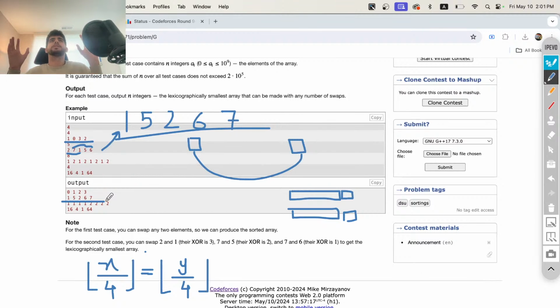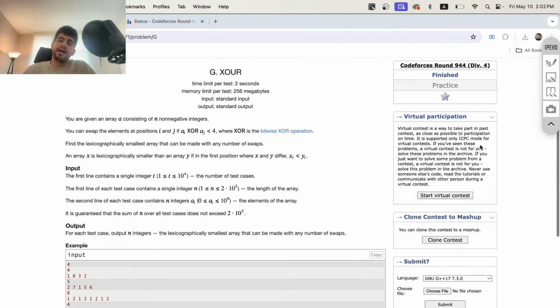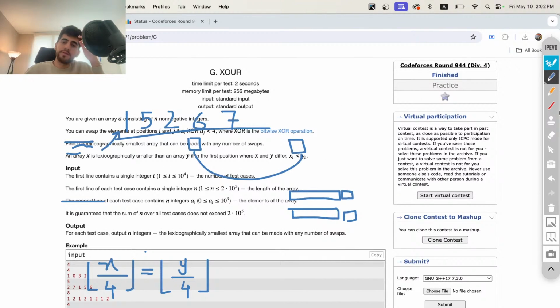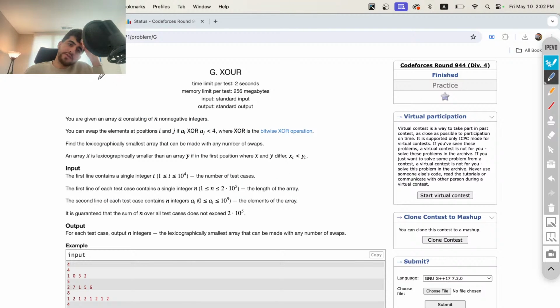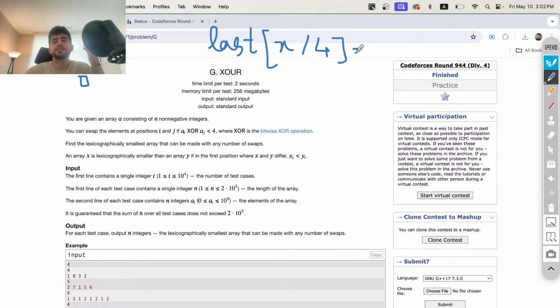Between each two elements, if they divided by 4 are the same, I can draw a line. But I don't need to draw the line between each two numbers. I can just say what was the last number whose value divided by 4 was equal to this. For example, when I see some x, I can say that last of x over 4 is this specific index.